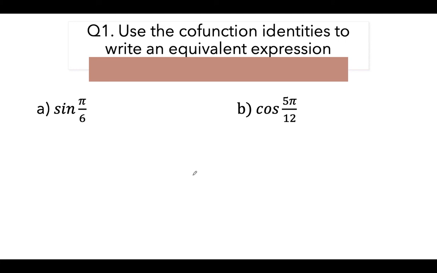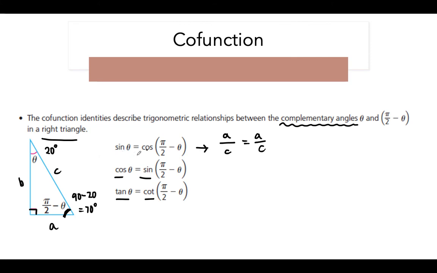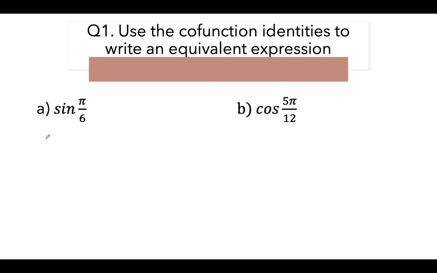Okay, so let's do an example. Use the cofunction identities to write an equivalent expression. From the previous slide, we said sine theta is cosine of pi over 2 minus theta. I'm going to write down the formula: in this case my theta is pi over 6.